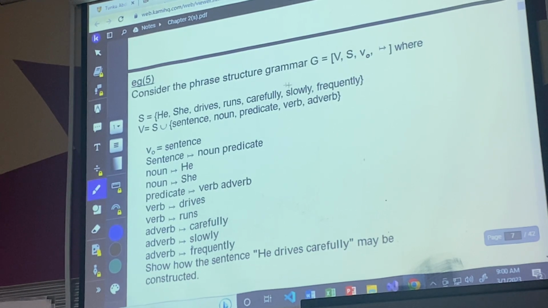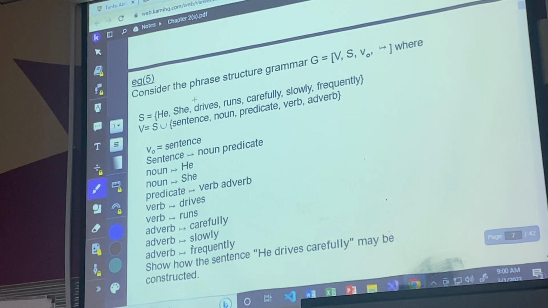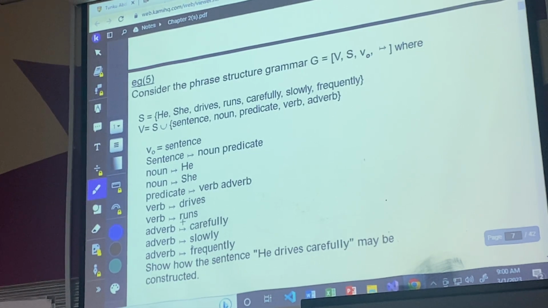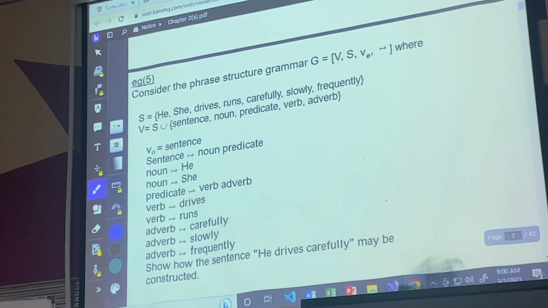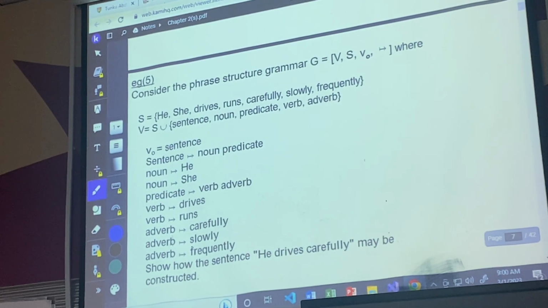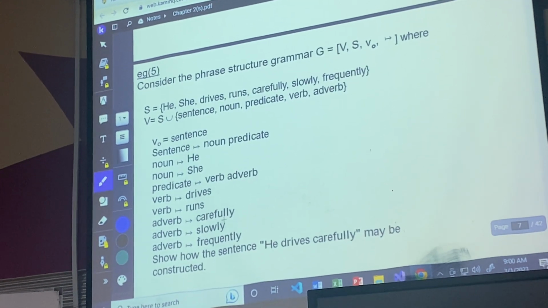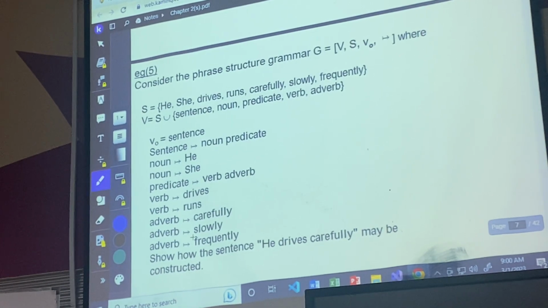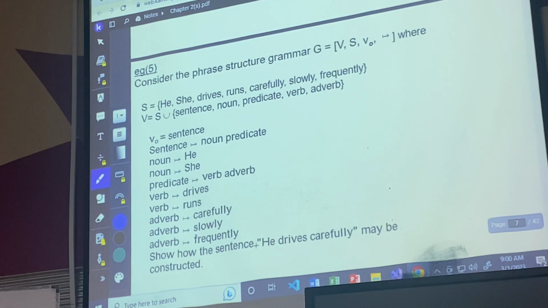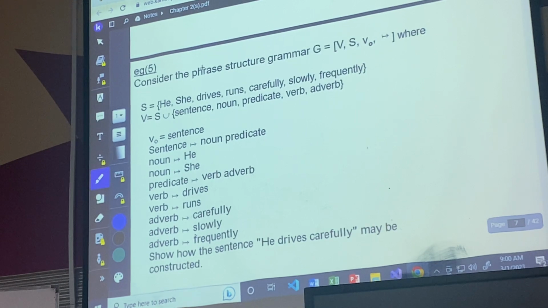So from the words given in the set S here, the verb we can have runs and drives, two, right? So you can replace the verb with these two words. And the adverb, which describes the verbs drives and runs, you can have these three here: carefully, slowly, frequently to replace the adverb. Now the question is, they want you to show how you get the sentence he drives carefully from the starting word sentence.